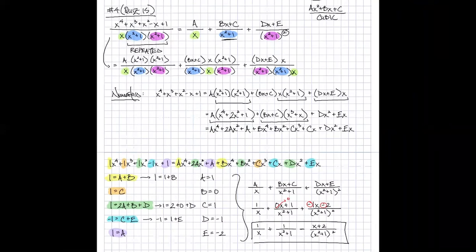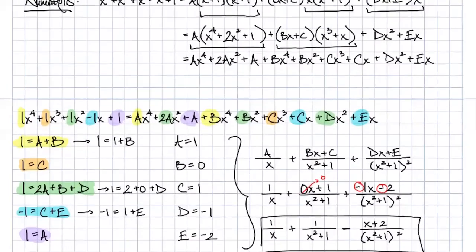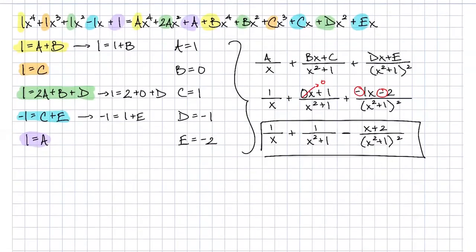Wait, can you go back to how you factored out that negative sign again for the 1x? Yeah. If I just take the last term, negative 1x minus 2 over x squared plus 1 squared, I could write that as negative, parentheses, x plus 2. Does that part make sense? Yeah.